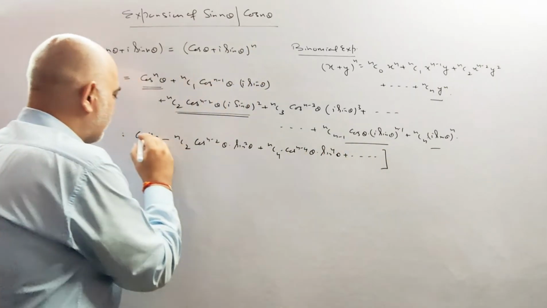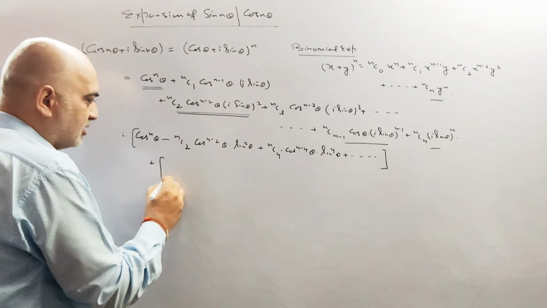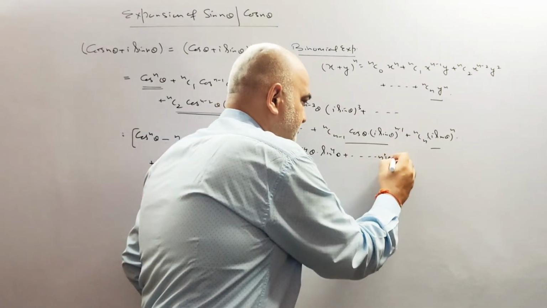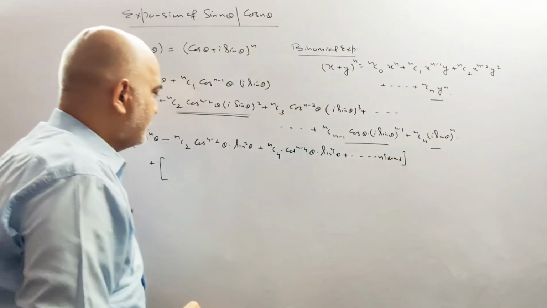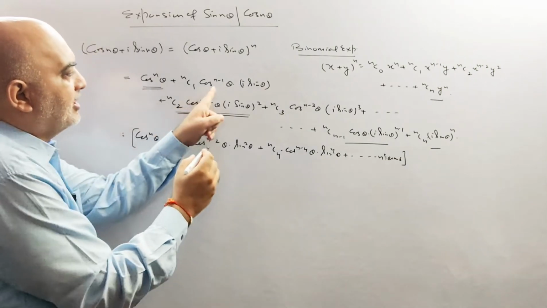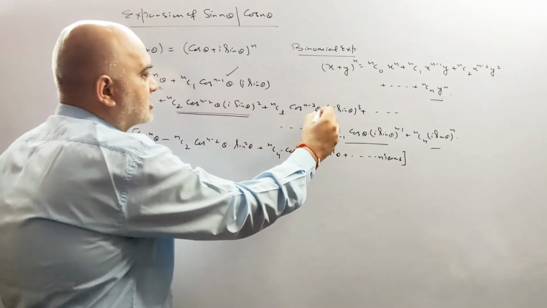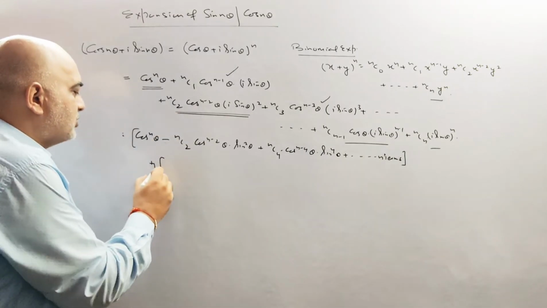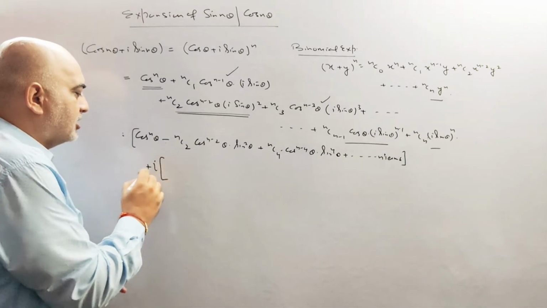This will be our expansion which contains the real part up to n terms. Similarly, we can find this is iota, and the next one, iota cube, becomes minus iota. So in this way we can separate the terms which contain iota.